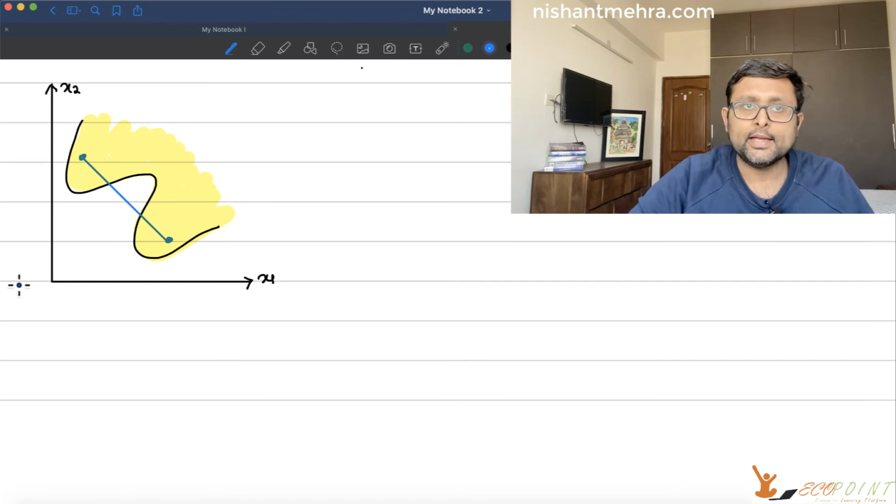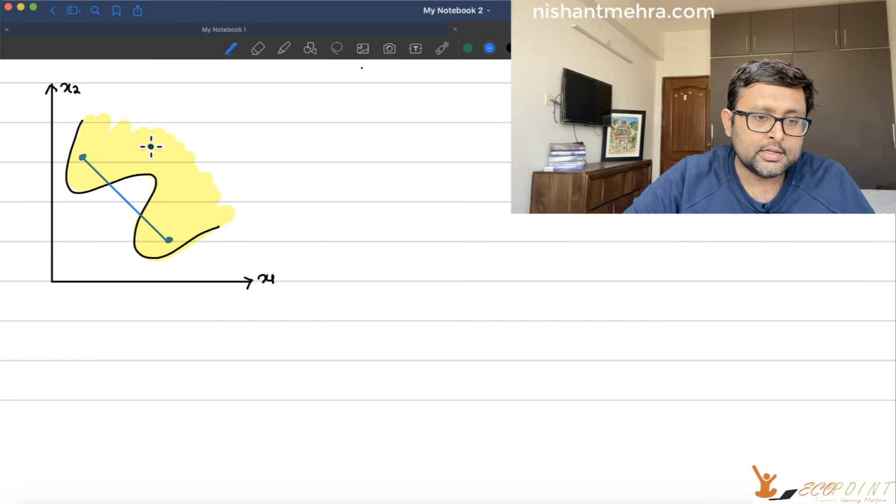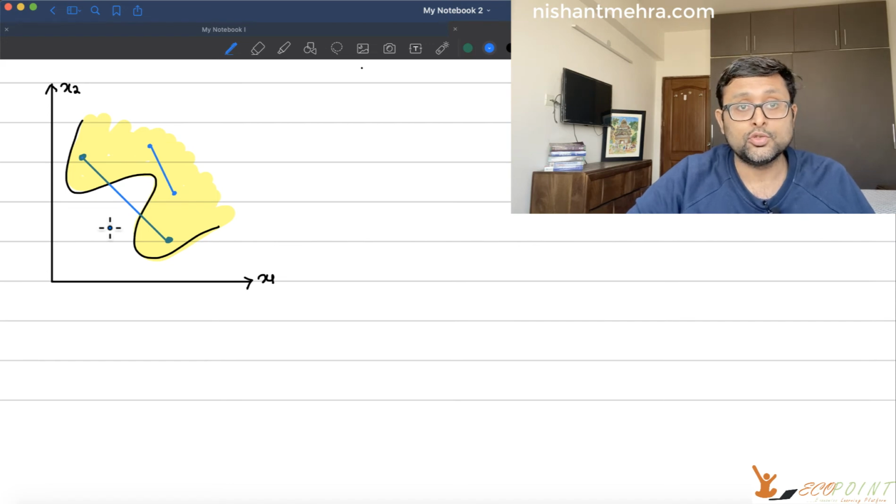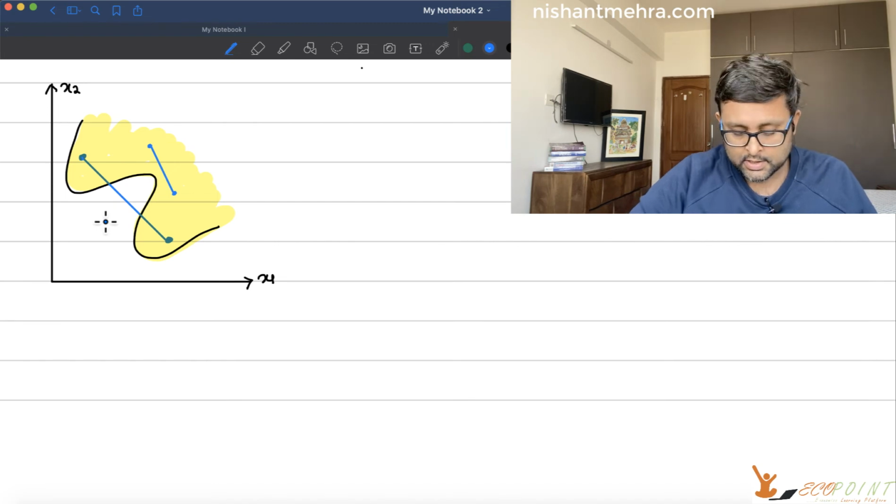Is this line segment lying entirely within the set? Now you can't tell me and say that no, I have taken up these 2 points and this is lying entirely within the set. It's about all such points, not only about one particular thing. So I picked up these 2 points and I joined them by a line segment. That line segment is not lying entirely within the set, hence it cannot be a convex set. So these are non-convex preferences.